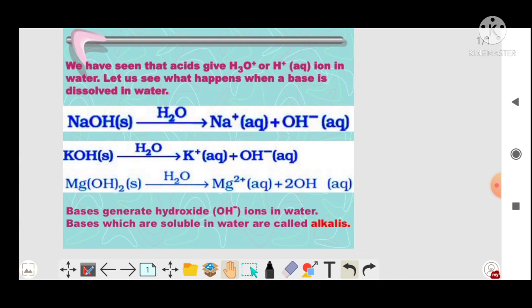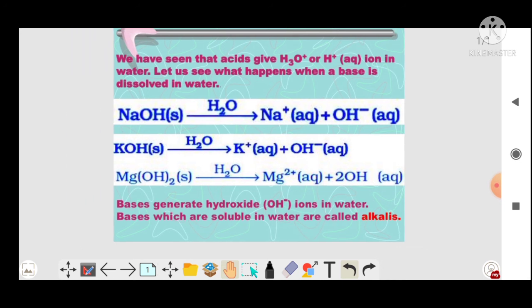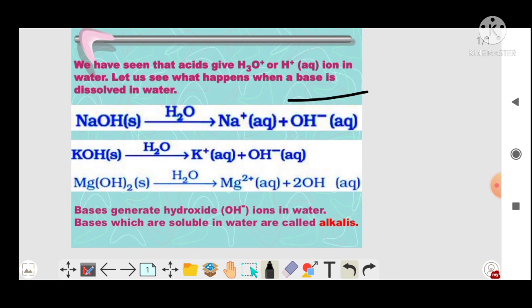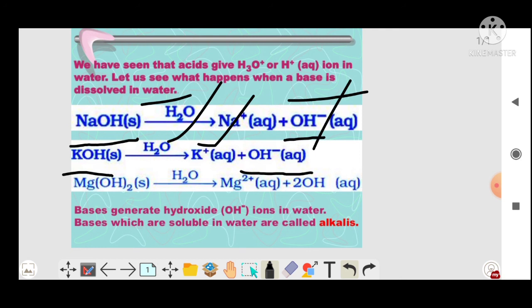Okay, so let us see what happens when a base is dissolved in water. देखो यहाँ पे सोडियम हाइड्रोक्साइड NaOH बेस है, वाटर में डिजॉल्व किया है, तो क्या प्रोड्यूस होगा, Na प्लस OH माइनस, दैट मीन्स हाइड्रोक्सिल आयन प्रोड्यूस हुआ है. पोटाशियम हाइड्रोक्साइड देखो हाइड्रोक्सिल आयन प्रोड्यूस हुआ है एक्वास, एंड मैग्नीशियम हाइड्रोक्साइड देखो यहाँ पे भी हाइड्रोक्सिल आयन प्रोड्यूस हुआ है. सो व्हाट इज द कंक्लूजन, बेस जनरेट हाइड्रोक्सिल आयन्स इन वाटर.